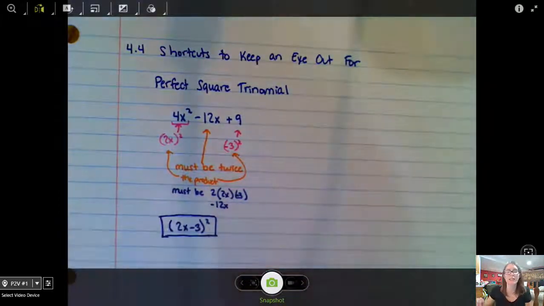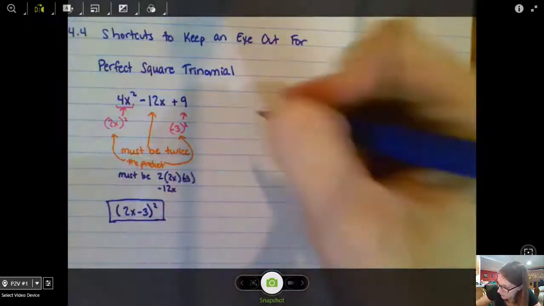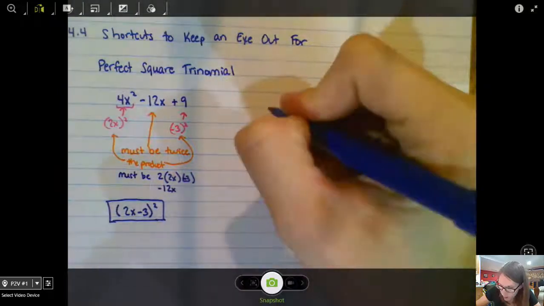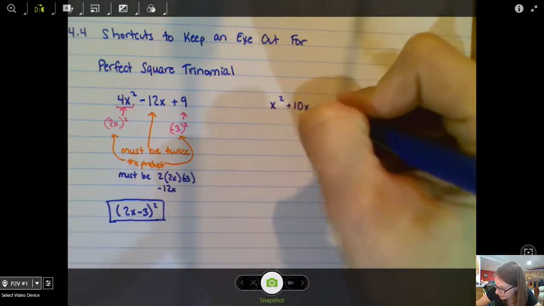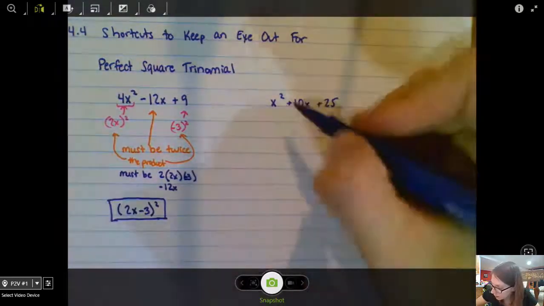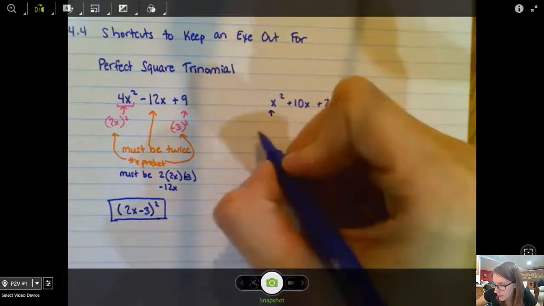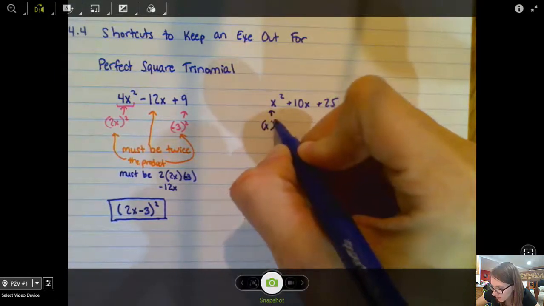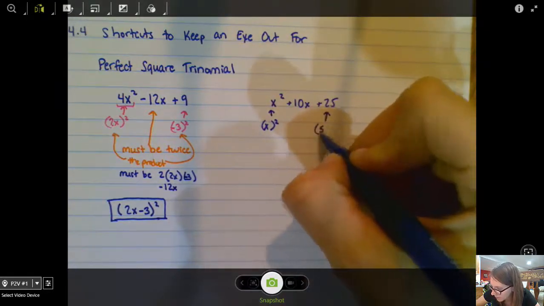All right, let's look at some more examples, going along with our perfect square trinomial. Let's do x squared plus 10x plus 25. Things to look for: x squared is a perfect square, it's x squared. 25 is 5 squared.